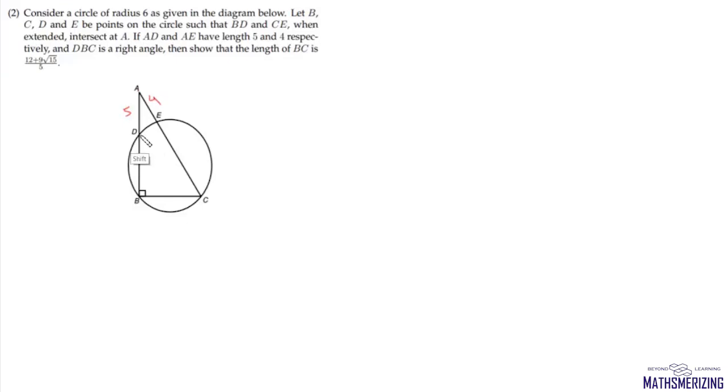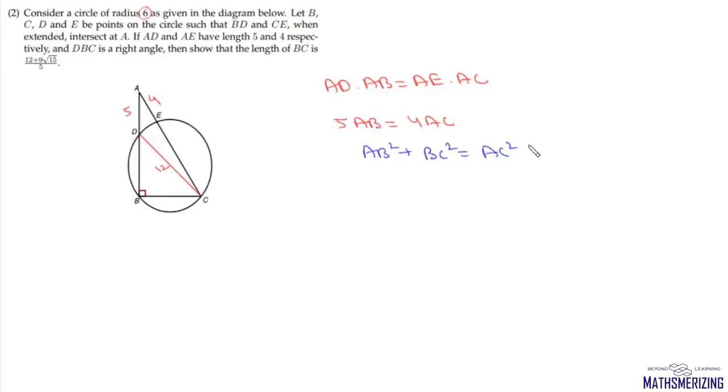So what we'll do is, we'll join this CD. Now we know that in a circle, AD into AB must be equal to AE into AC. Now AD is 5, so we'll get 5AB equal to 4AC. Now in this triangle ABC, we can write AB square plus BC square, and it should be equal to AC square.